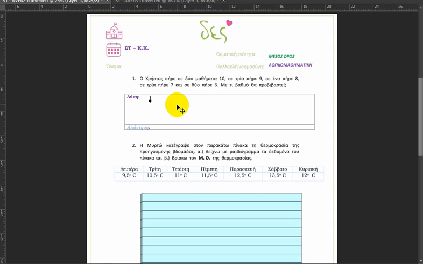So that's 2 lessons with a 10, 3 lessons with a 9, so that's 3 nines, 1 8, 3 sevens, and 2 sixes. So that's how many lessons? 1, 2, 3, 4, 5, 6, 7, 8, 9, 10, 11. So all of this divided by 11.